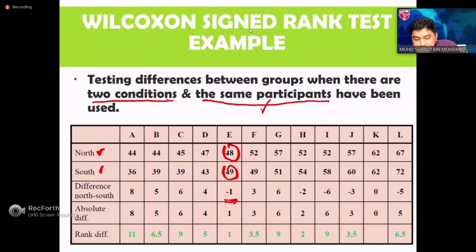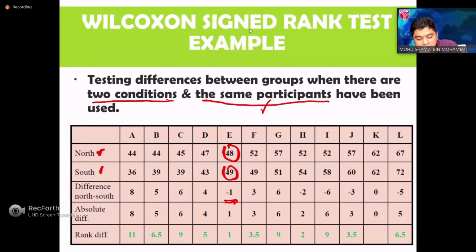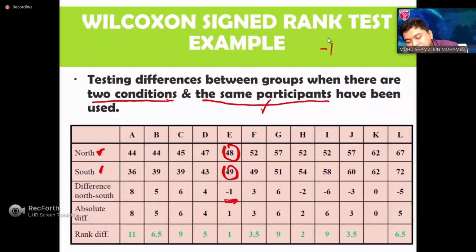So for the smallest difference, you give a ranking of 1. Okay, but first you need to take the absolute value. So modulus. Because let's say participant E here has a -1, but you want to make a rank, so you put a modulus to give a value of 1. Okay.